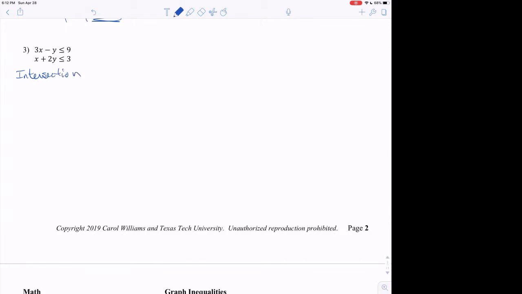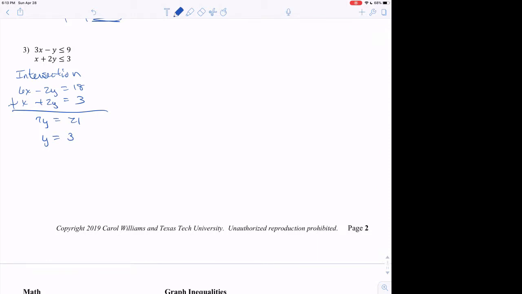If I multiply this top line by 2, then I get 6x minus 2y equals 18. And I have x plus 2y equals 3. Then I add the 2 lines together, and I have 7y equals 21. So, divide by 7, y equals 3.